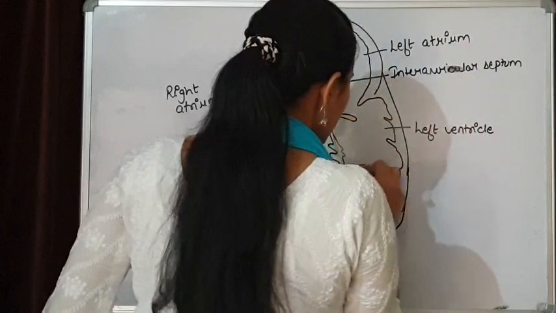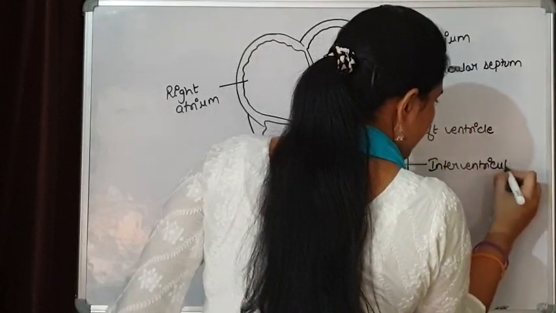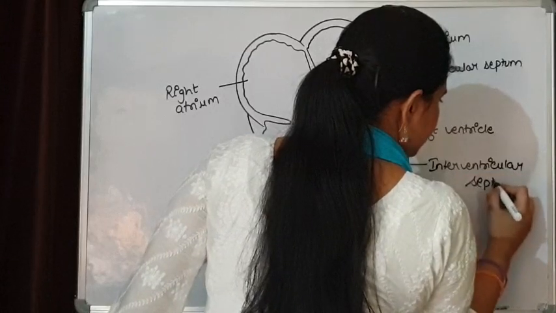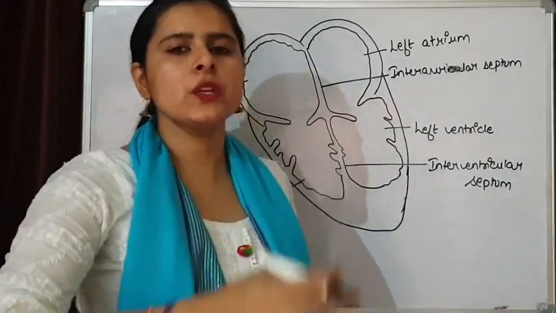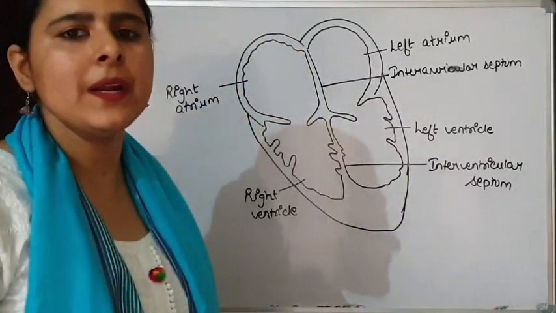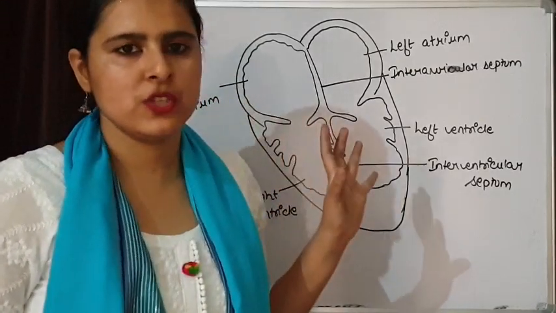Now this left side of the heart is always going to receive oxygenated blood and this right side is always going to receive deoxygenated blood.